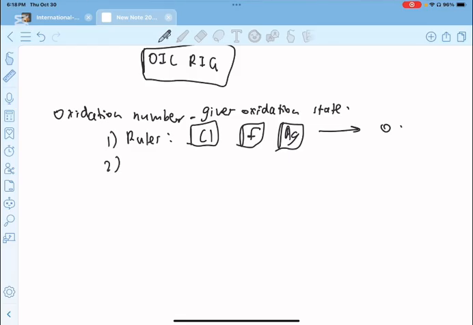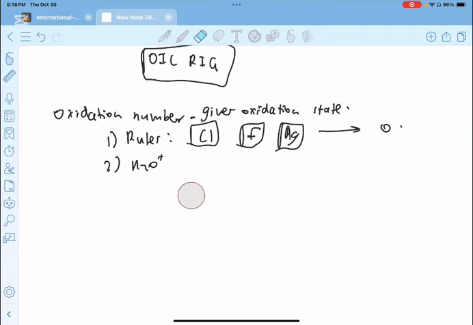Secondly, oxidation number is neutral. These rules are all listed very nicely in the Physics and Maths Tutor, but we'll write them down here again. Oxidation numbers in a neutral compound add up to 0. Let's say we have a neutral compound like H2O.